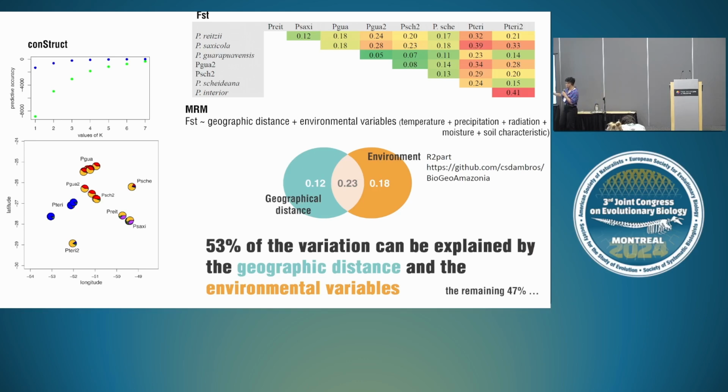And here you can see only 12% is geographic distance, 18% is the environment, and the rest both together because they are always related, explaining the structuration. So in these populations, in these lineages, I think one of the main drivers of diversification is isolation by distance and also isolation by environment. But not only this, there are more things happening here.